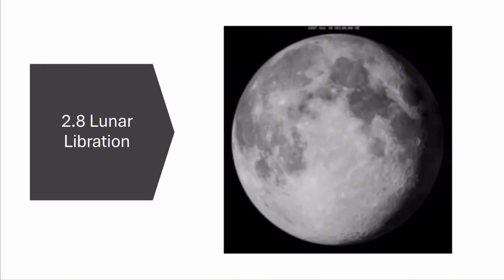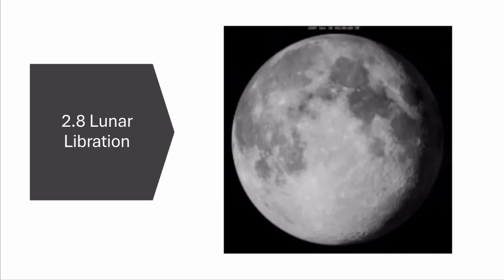Now, there's a thing called lunar libration, which I've probably pronounced wrong. This is when the moon sort of wobbles. Now, it doesn't physically wobble. It looks like it's wobbling in the sky because you can only see 50% of the moon at any one time.